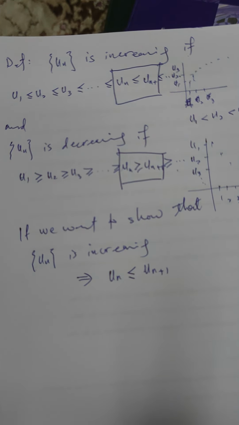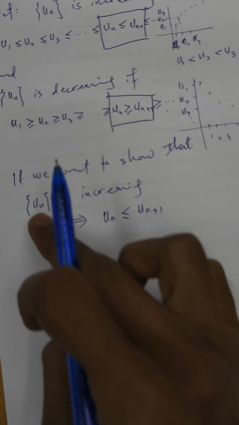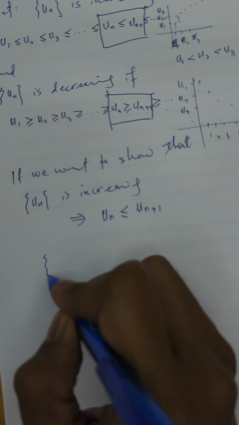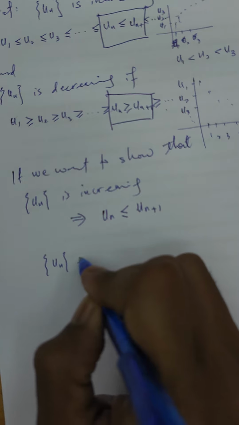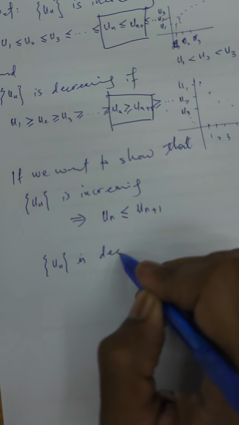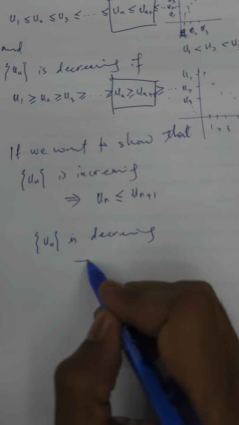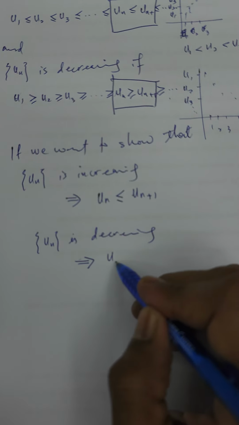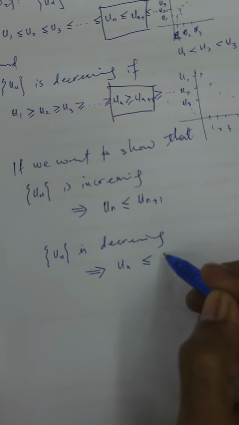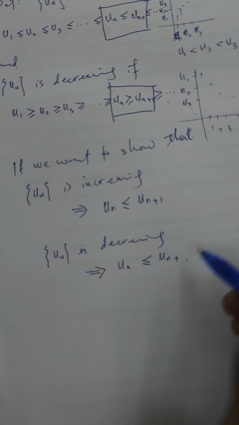On the other hand, if you want to show Un is decreasing, we need to show that Un is greater than Un plus 1.